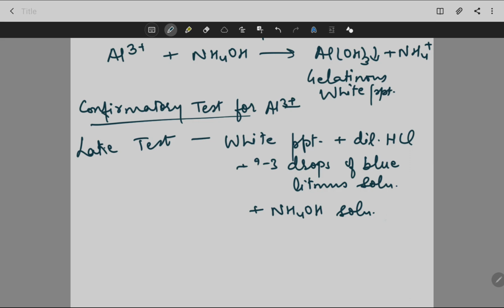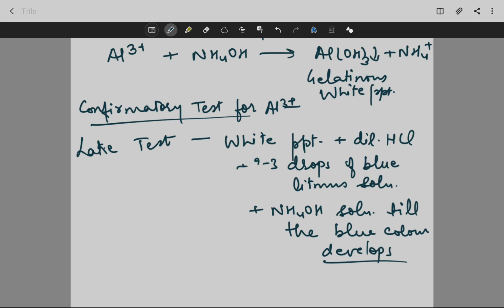Till when? Till the blue color develops. We will keep on adding ammonium hydroxide to it till the blue color develops. So this is called as Lake test.